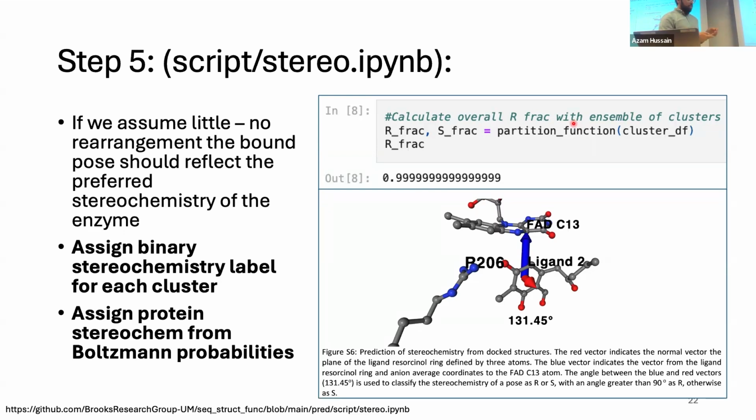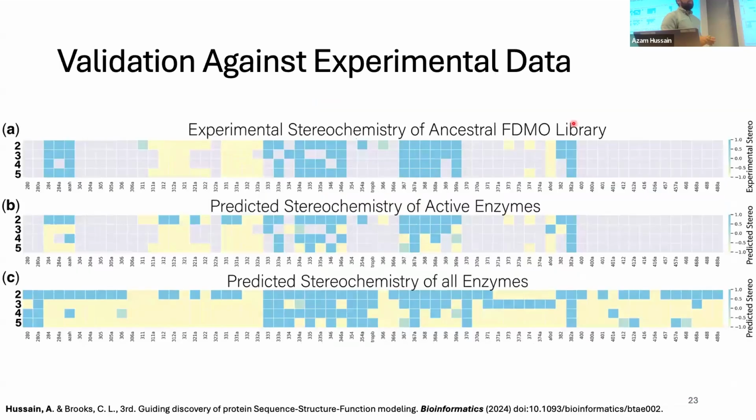We get a pretty reasonable accuracy in labeling the stereochemistry of each of these enzymes, because if you think about it, even before we do any analysis, we know that we have 60 enzymes, and there is a switch from one mutation, phenylalanine to tyrosine. And you might think that should be pretty easy to capture with the molecular mechanics force field. It's a switch of one atom.